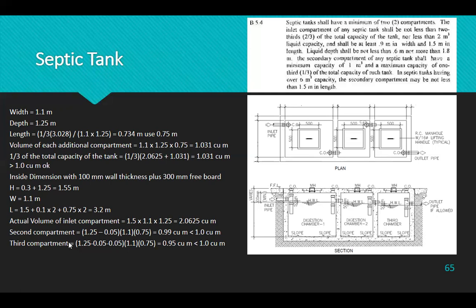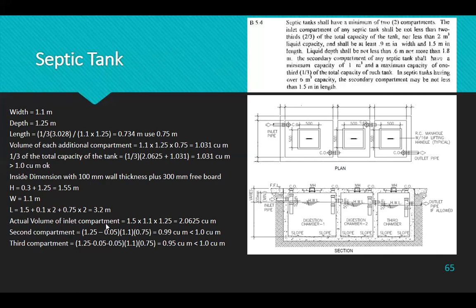So length is 1.5 plus 2 times 0.1 yung 100 mm plus 0.75 times 2. Times 2 kasi ito 0.75 saka 0.75.